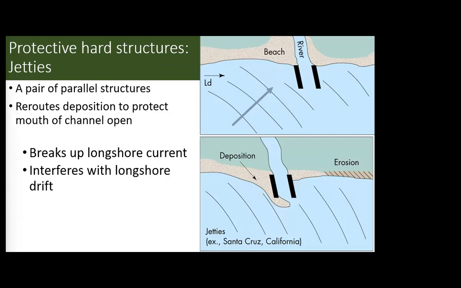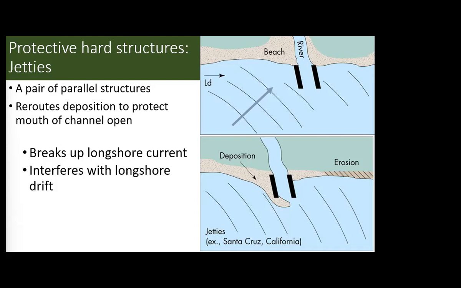So these are what's known as jetties. Jetties are just two parallel structures made of, can be steel. Most of them are made with broken down rock and wood, and it's kind of wrapped in this chain link fencing. So you build these huge structures that are dug into the sand at the bottom of the shoreline there, right at the mouth of the river.